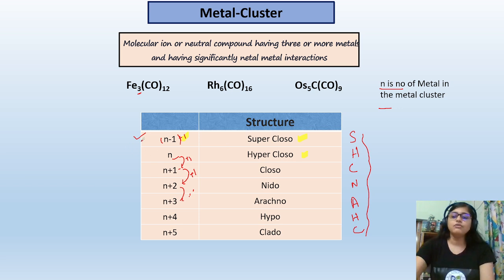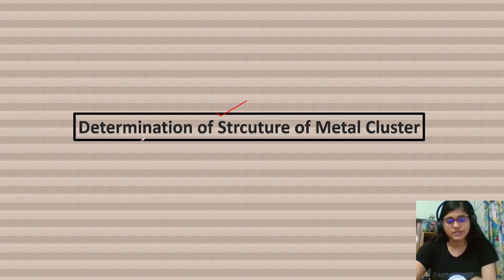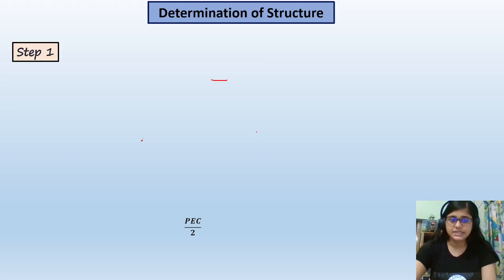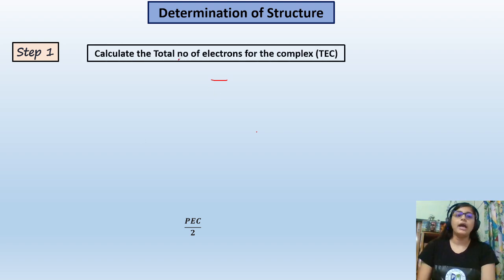Okay. Now the most important thing, determination of the structure of a metal cluster. See how we can do that. So step 1, in the question one metal cluster formula will be given. So you have to calculate. Step 1 is the calculation of the total number of electrons for a complex. We have done it, right? How can we do that?